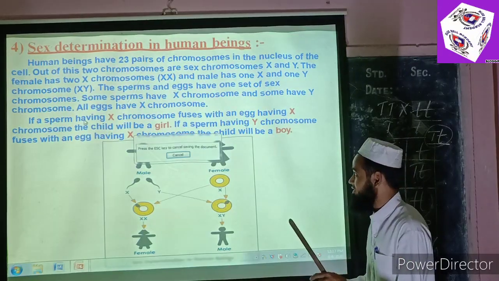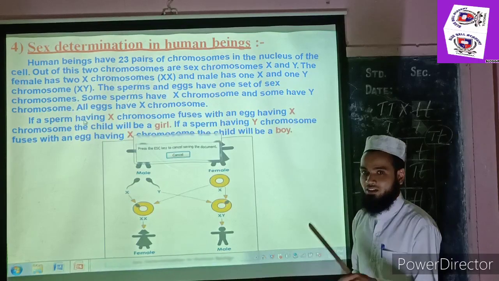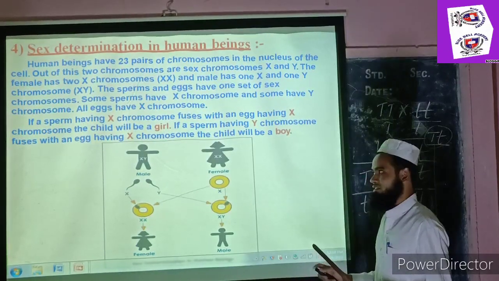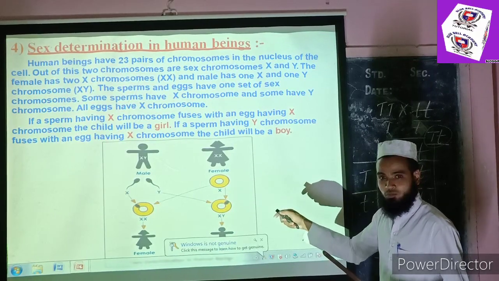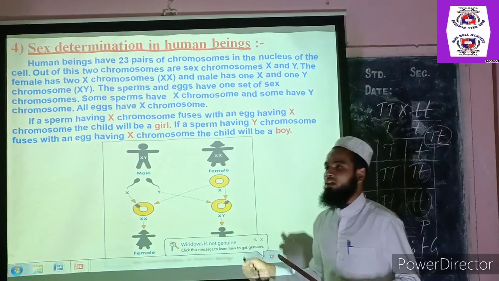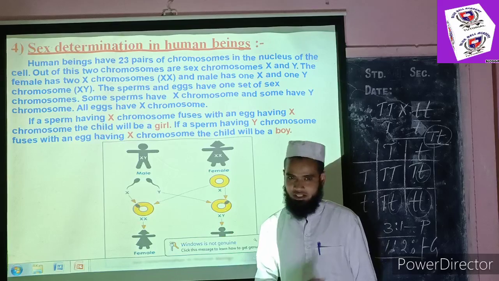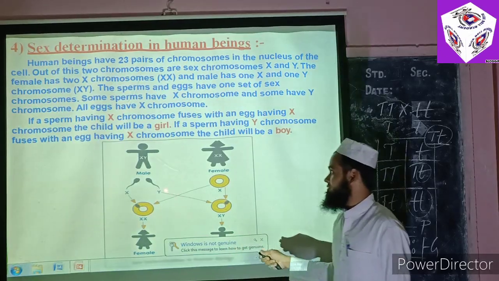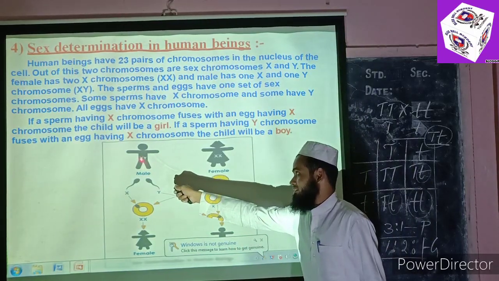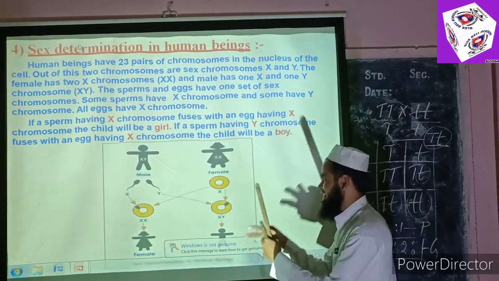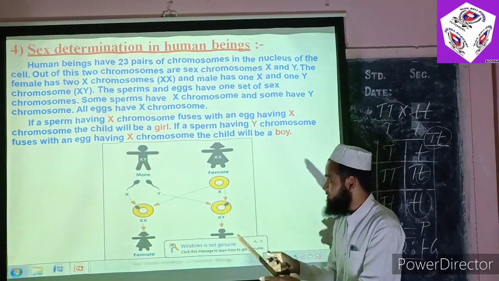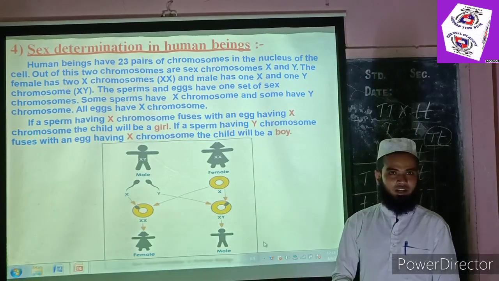So out of these 23 pairs of chromosomes, 1 pair of chromosomes determines the sex of a child. You can see here, the male carries XY and the female carries XX. So when they fuse, they form the zygote.